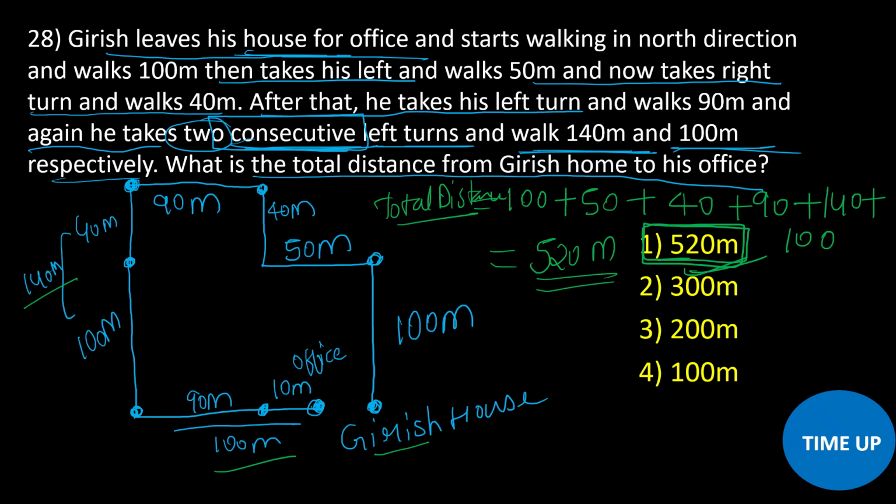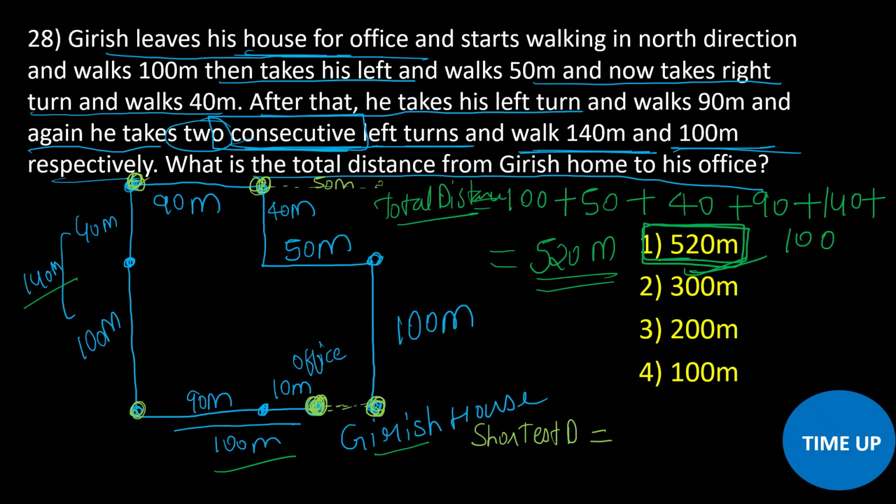So if the shortest distance is asked, then this is 90, from here to here it is 50, and this is 100. So from here to here we want the shortest distance. This is the shortest distance, correct?